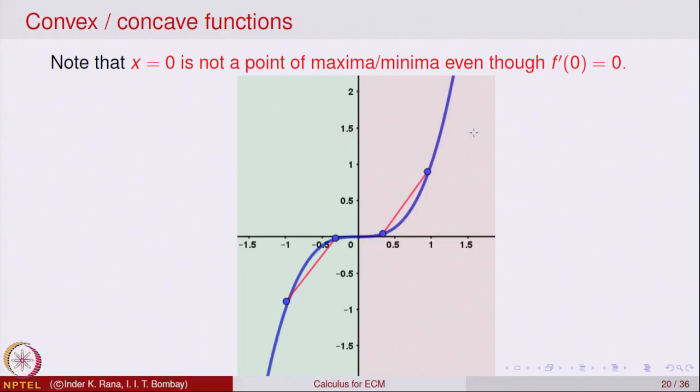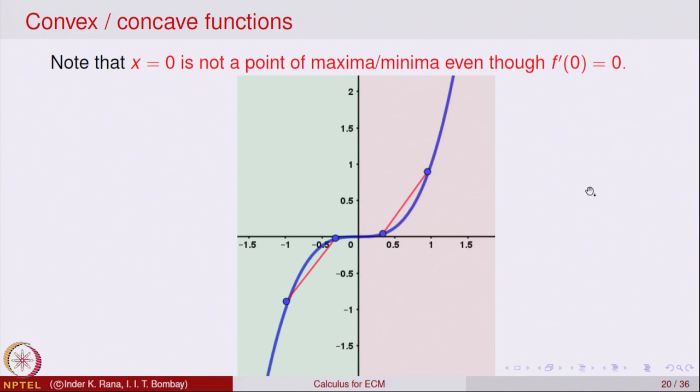So, it is everywhere increasing, strictly concave down in the area on the left side in green, and concave up in the region on the right side in red. So, this is how you decide whether a function is concave up or concave down by looking at the purely algebraic nature of it.